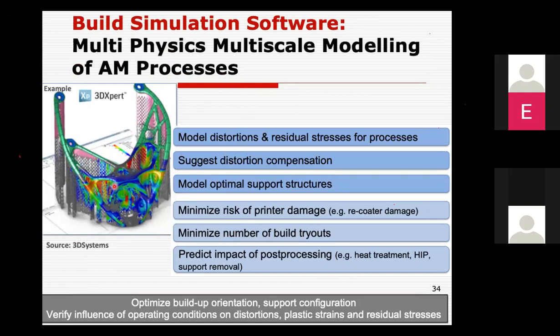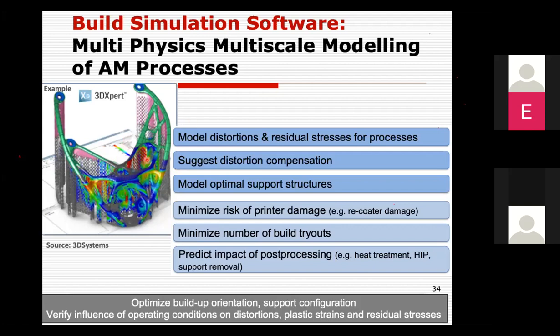If you are not performing simulation studies, and blindly fire the components onto the machine, then you may end up with certain difficulties, sometimes build failures, or sometimes it may damage your machine or the recoater, or may have several problems. So it is better to simulate this.